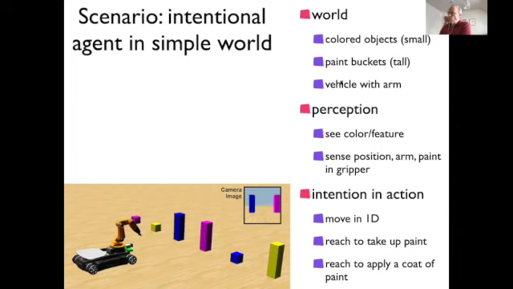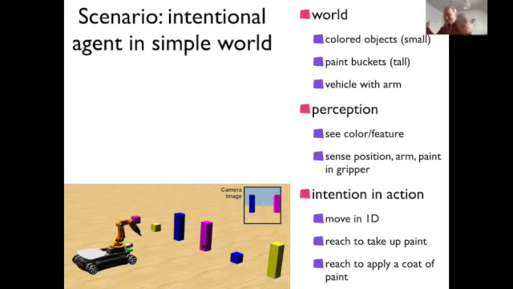It is in a world that consists of objects that have color. It has color perception, this vehicle, and we arbitrarily assign some feature of these objects to function. We made the tall objects paint buckets from which you can retrieve paint, and the small objects canvases onto which you can apply paint. It would have been more logical, I think, to make the tall ones the canvases that you paint and the small ones the buckets.